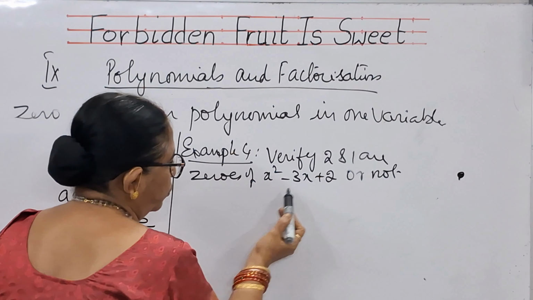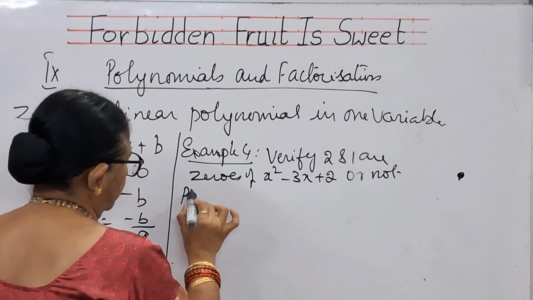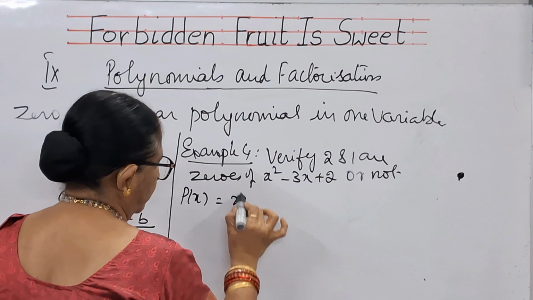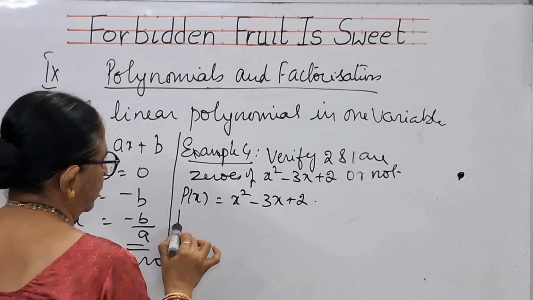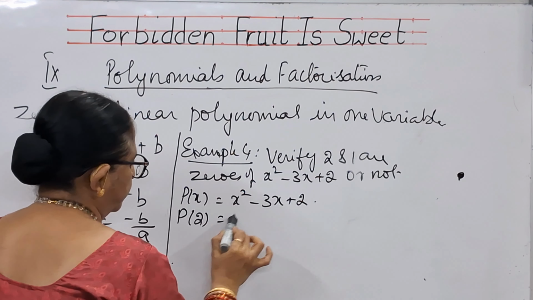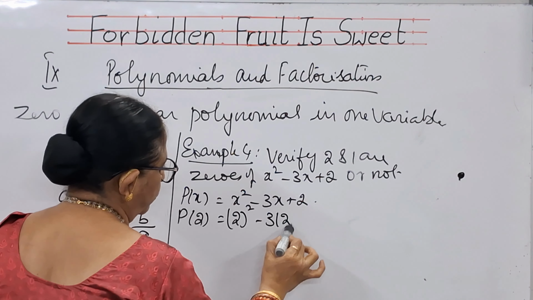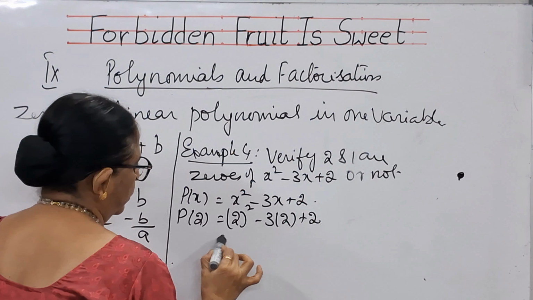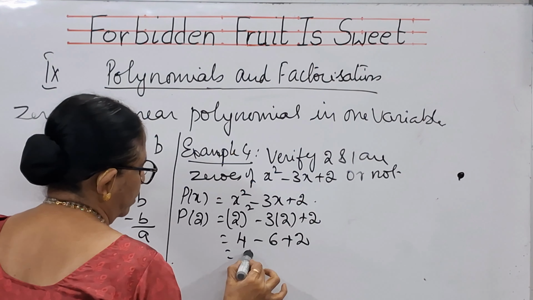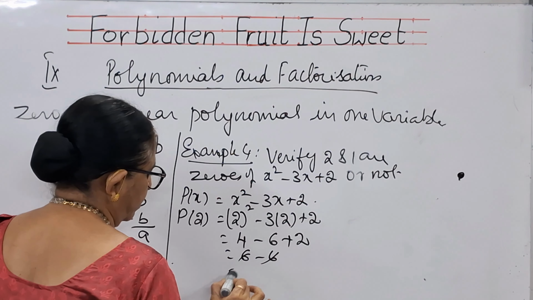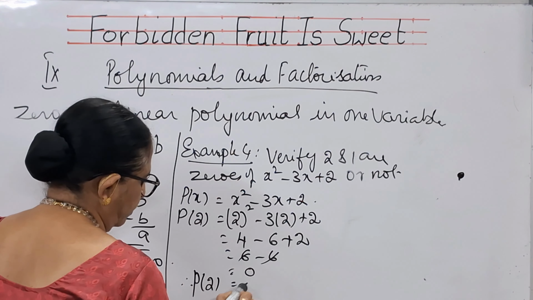When you substitute 2, you should get 0, or 1 you will get 0. So first let us take p of x is equal to x square minus 3x plus 2. Now p of 2, 2 square minus 3 into 2 plus 2. 2 2s are 4 minus 6 plus 2. That is 6 minus 6, I got 0. So p of 2 is equal to 0.